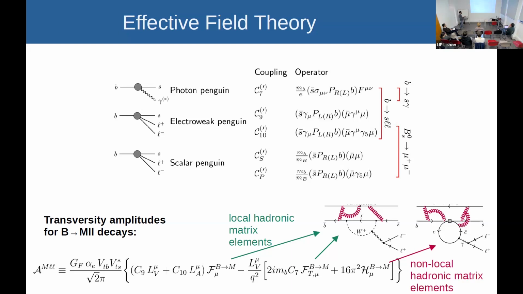Wilson coefficients and of a set of form factors that can be distinguished between local form factors, which describe the gluon exchange between the spectator quark and the several quarks involved in the transition, so QCD interactions, and the non-local form factors that are a bit more tricky to calculate.